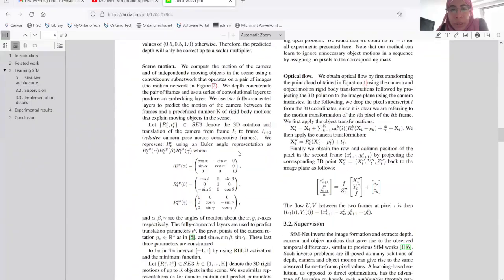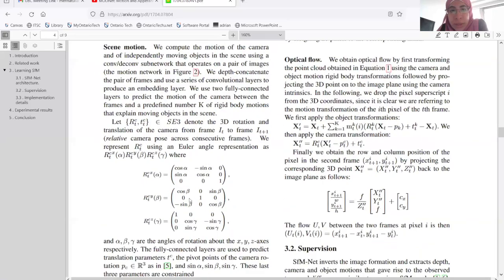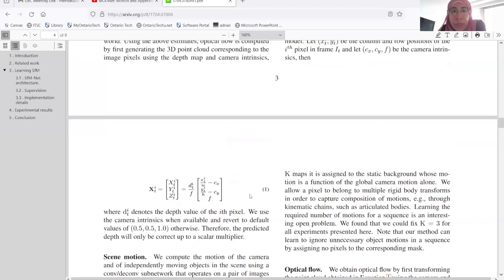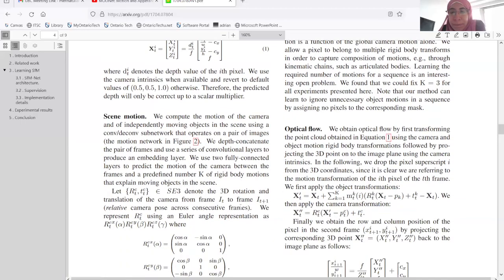For example, here, these are the rotation matrices that we were discussing, how to rotate around the x-axis or the y-axis or the z-axis, except that now these things are learnable. So we're learning the parameters for the transformation. And it also includes a couple of things regarding how to do the projection from 3D to 2D, and how to transform a 3D point cloud.